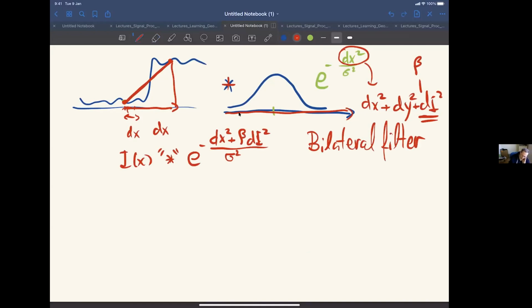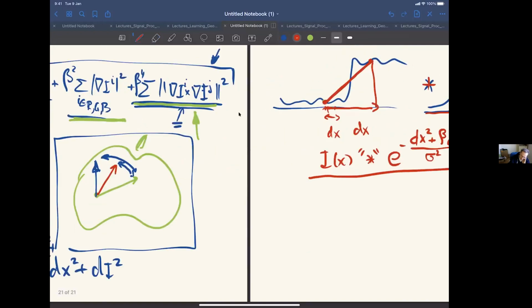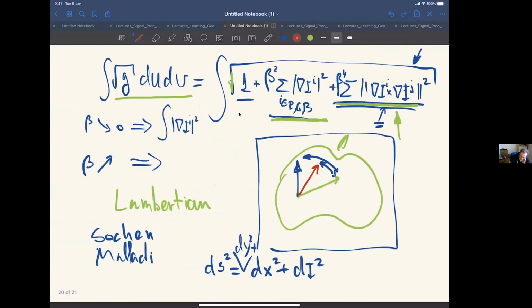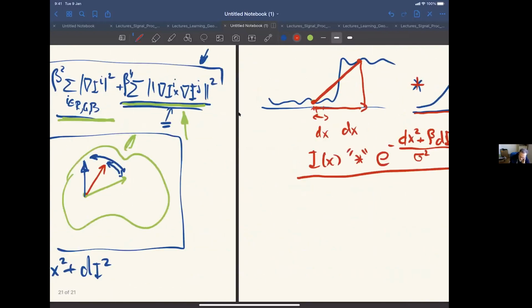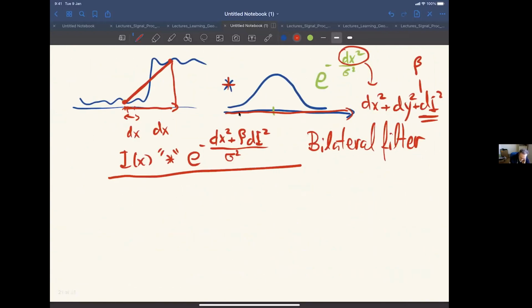And the question is, what is the relation between this guy and that guy? Okay. So let me rephrase the question. On one hand, what I showed you is that if you take the RGB images and you flow it so that it would minimize the color area, we are doing something good.